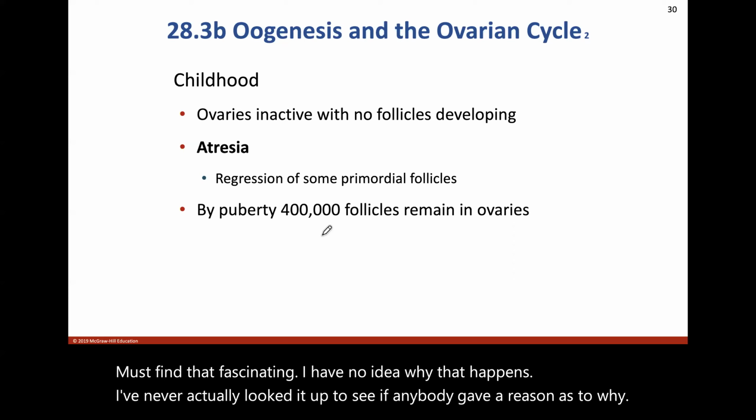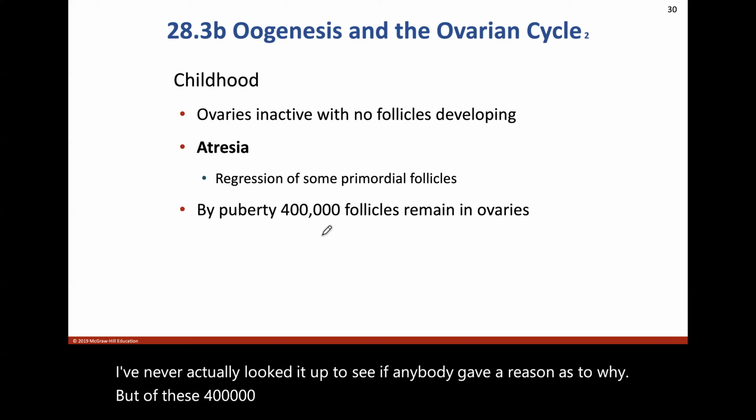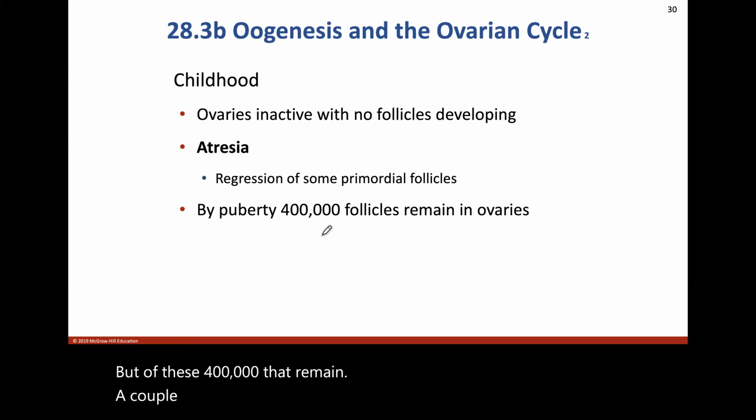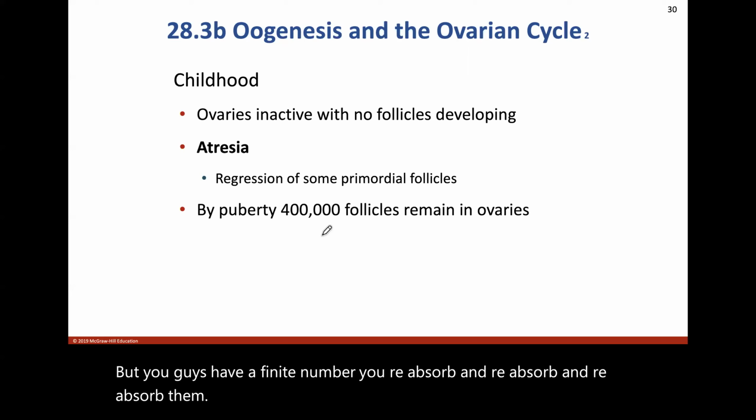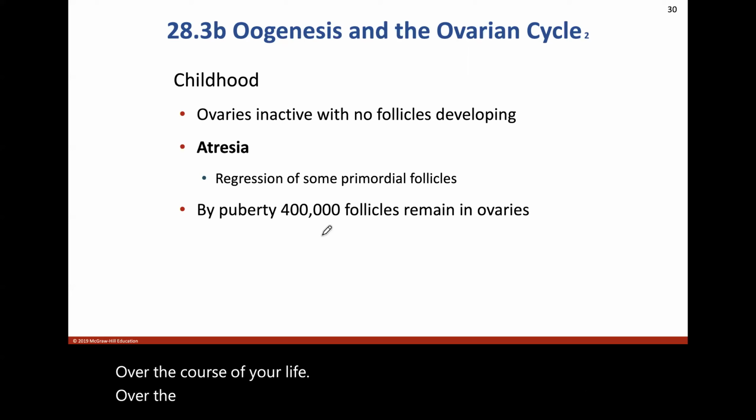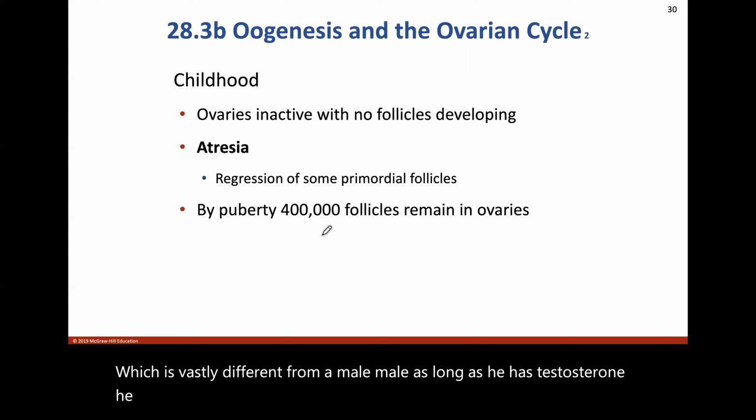But of these 400,000 that remain, maybe a couple hundred, maybe 100 or so will be released. But you guys have a finite number. You reabsorb and reabsorb and reabsorb them over the course of your life, over the course of development, which is vastly different from a male. Male, as long as he has testosterone, he gets sperm, right? And that's really all you need.